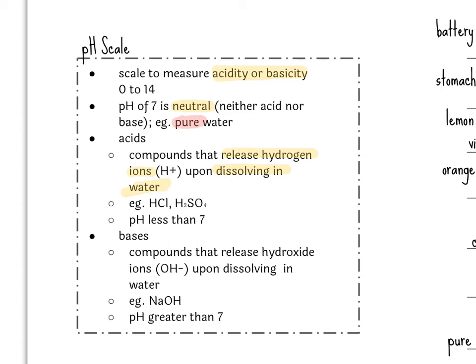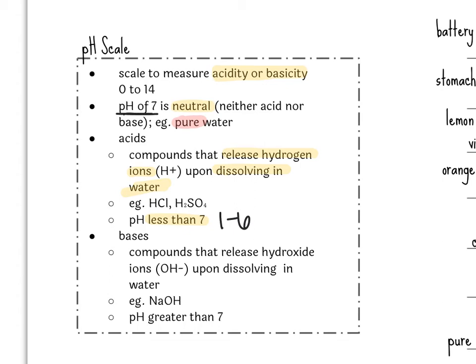There are plenty of others, but those are two very common acids if you're talking about acids. And acids have a pH of less than 7. So basically a pH of 1 to 6. The lower it is on the scale, the more acidic it is. And then we know 7 is neutral.